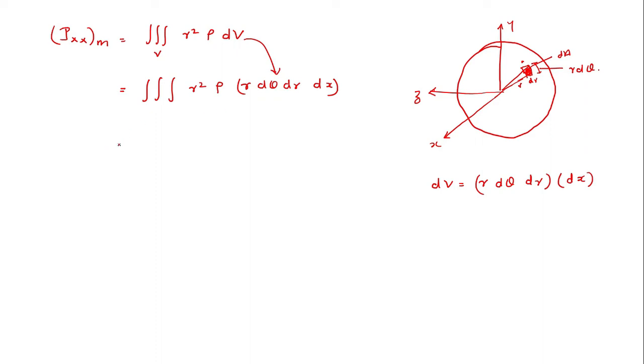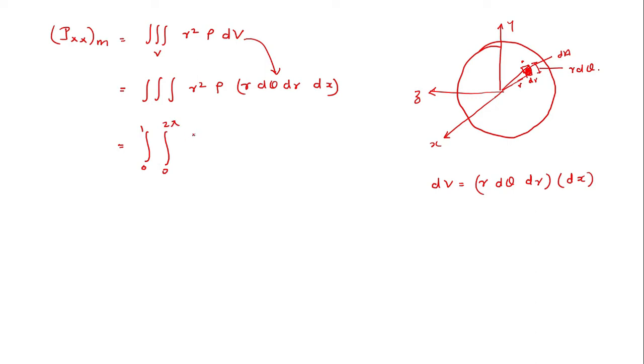Now in order to know the limits, first we'll integrate with respect to x, so it will vary from 0 to 1. Then I'll integrate with respect to the theta angle, so it will vary from 0 to 2 pi.